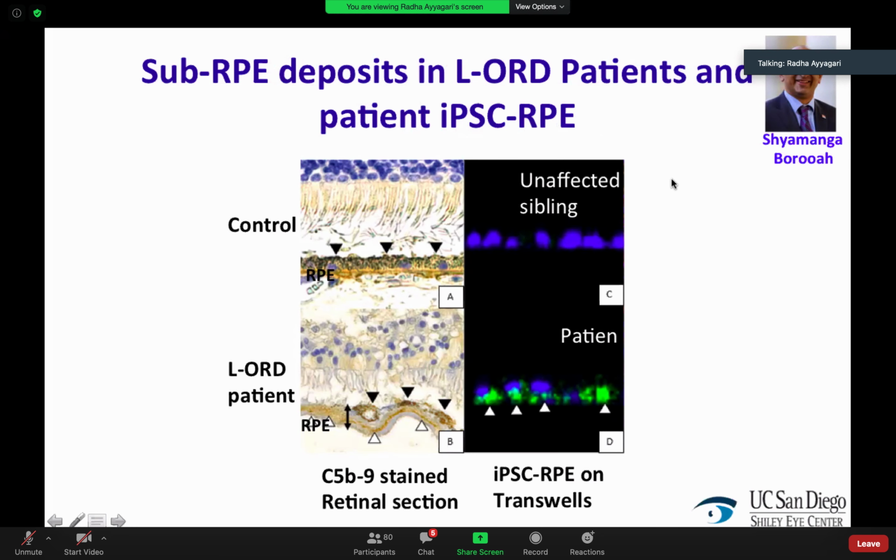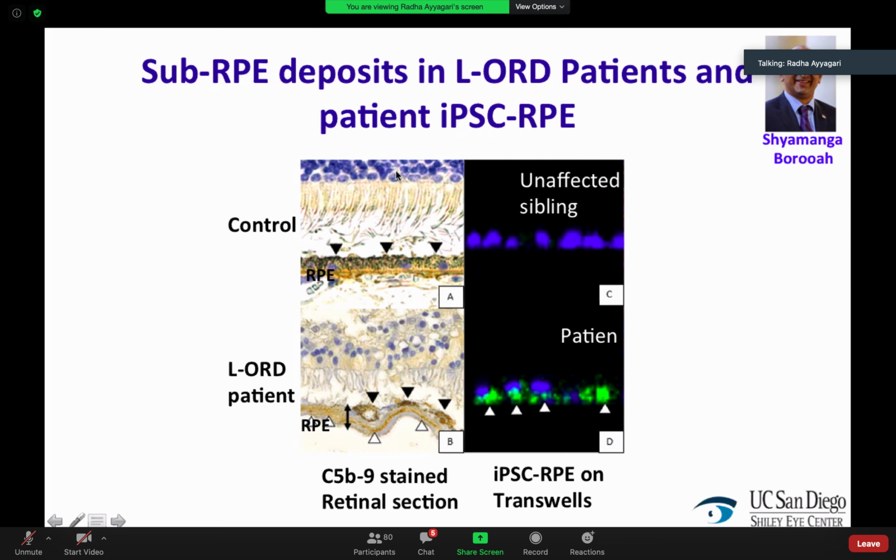Shyamanga Barwa came to my lab a few years ago as a postdoc. He's a Fulbright scholar, and he came to spend a few years in my lab. He performed the studies which I'm going to talk about on this slide. We obtained the retinal sections of LOD patients, mainly through the collection of FFPE sections, which was collected by Dr. Ann Milam long ago.